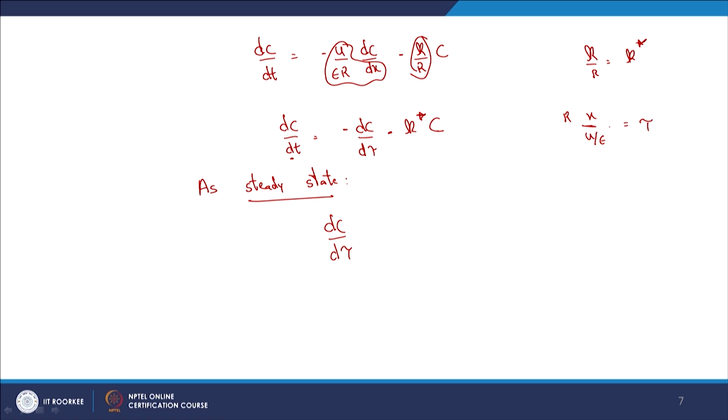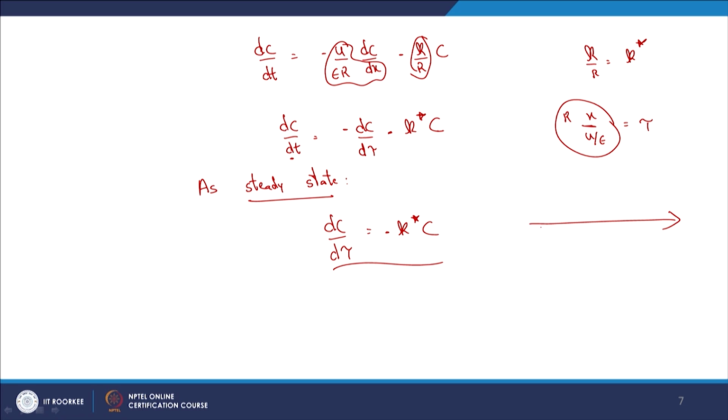Tau is just the variable I am using to represent these sets of variables, right. dC/dτ is equal to minus k star C, right, and now I can integrate and get this particular C at different tau, let us say, or different x, with respect to the relevant distance. Yes. So, again now I have the relevant equation expressing C in terms of x, right. Tau is nothing but something in terms of x, or the distance.